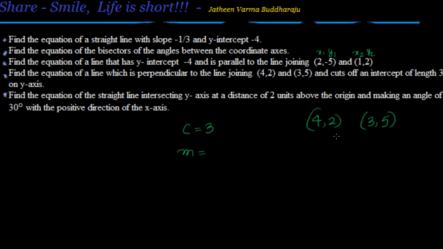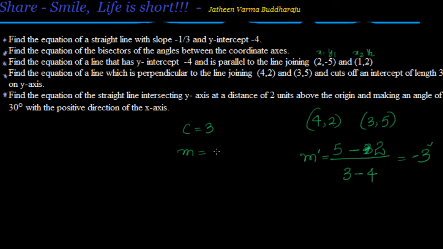Now what is the slope of the line joining (4, 2) and (3, 5)? That will be m dash equal to 5 minus 2 divided by 3 minus 4, that is y2 minus y1 by x2 minus x1. That is equal to minus 3, because 5 minus 2 is 3, and 3 minus 4 is minus 1.